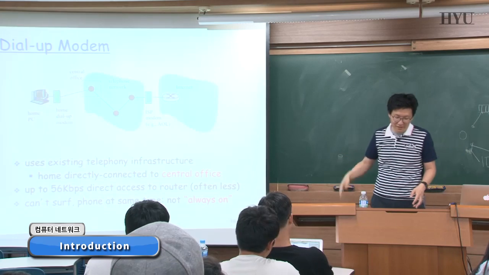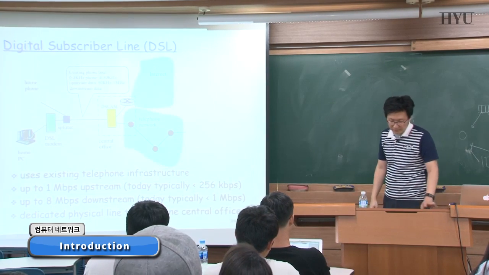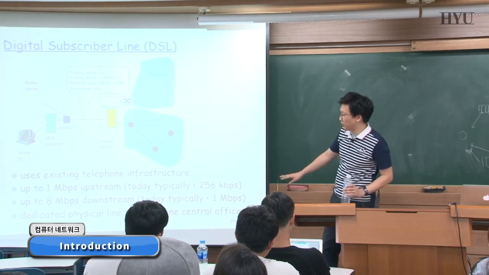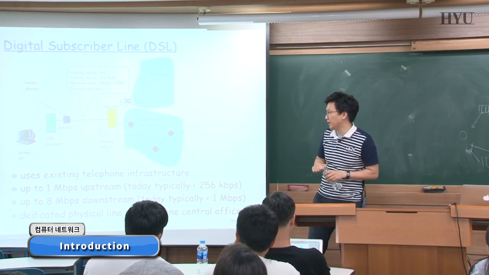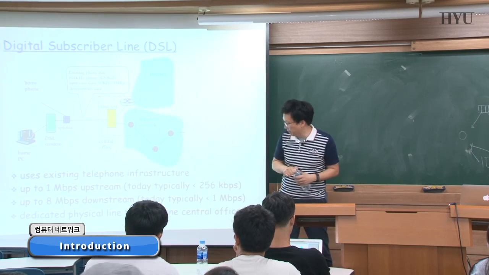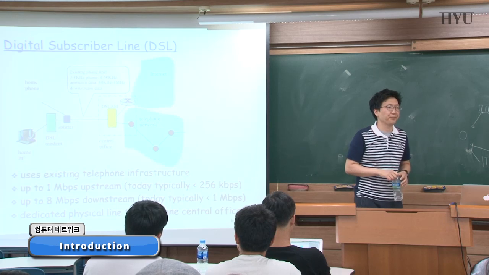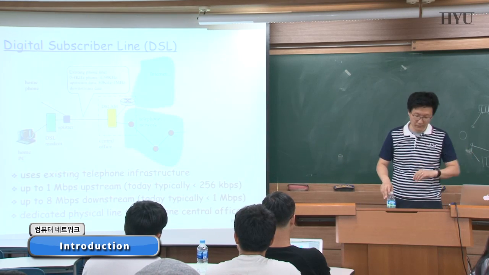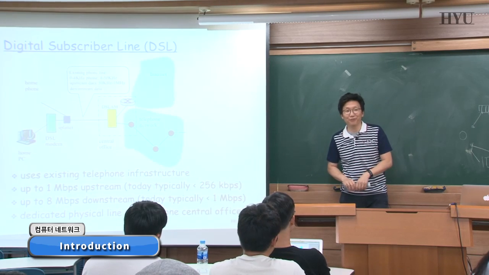Ever since the faster dial-up modems with DSL lines, its speed is obviously much faster, 1 megabit per second upstream, 8 megabits per second downstream. What is upstream and downstream? Well, up and down.